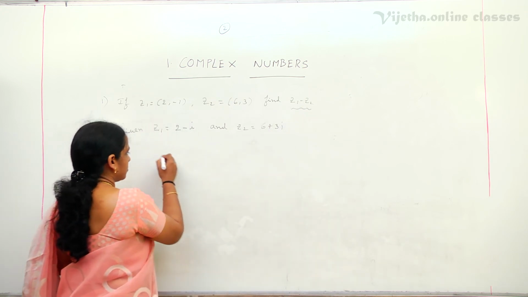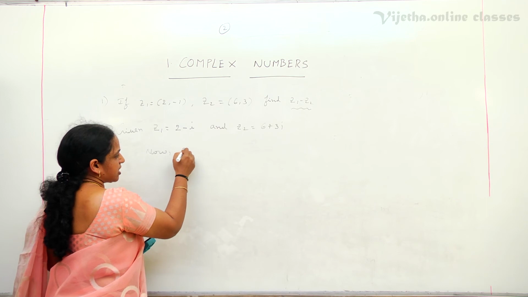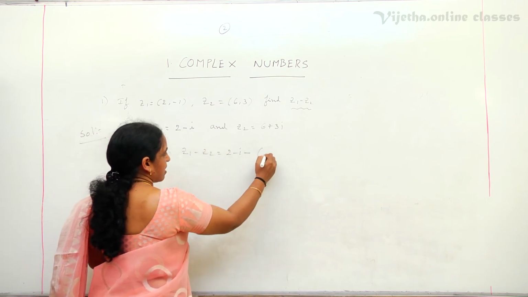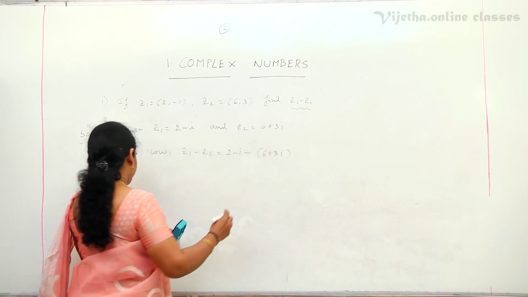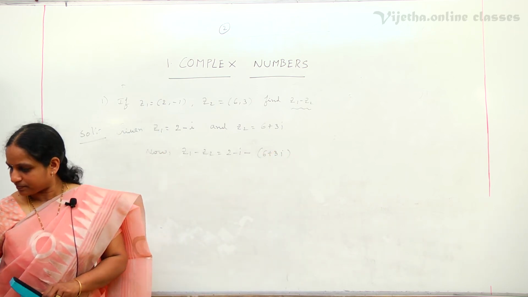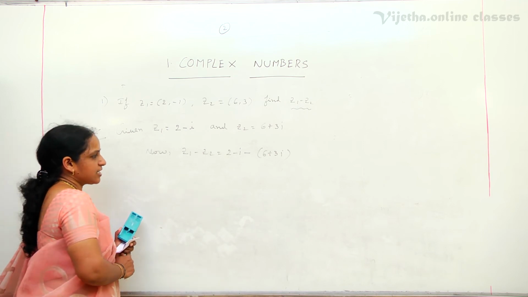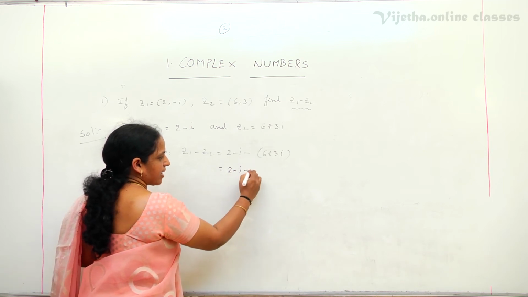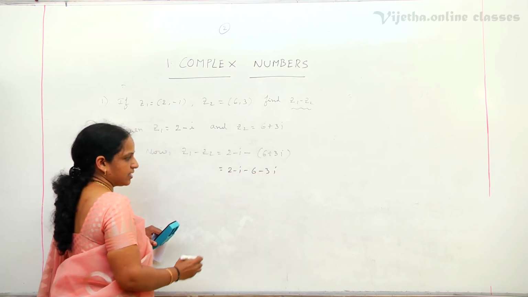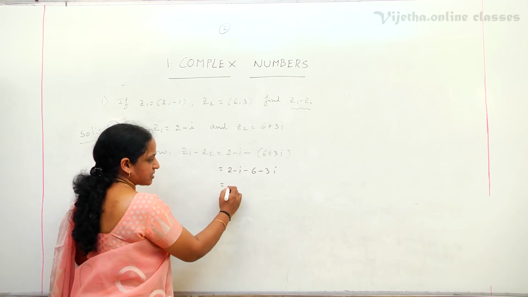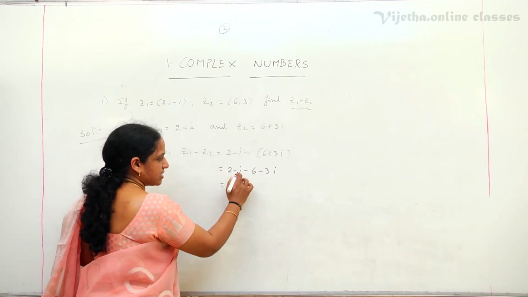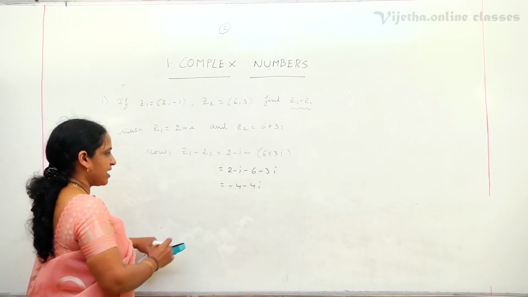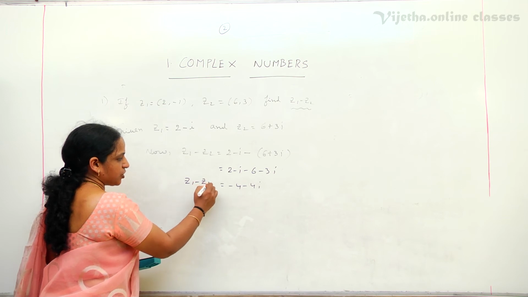Z1 minus Z2 equals 2 minus i minus of 6 plus 3i. Minus is there, so 2 minus i multiplied with minus gives minus 6 minus 3i. So 2 minus 6 is minus 4, and minus i minus 3i is minus 4i. This is the Z1 minus Z2 value.